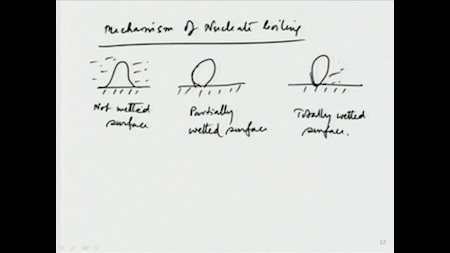Here the contact angle is almost no contact, it is almost covered up, partially wetted by the liquid, and for the last one I should draw like this, it is completely wetting, the liquid is completely wetting the surface. Okay.